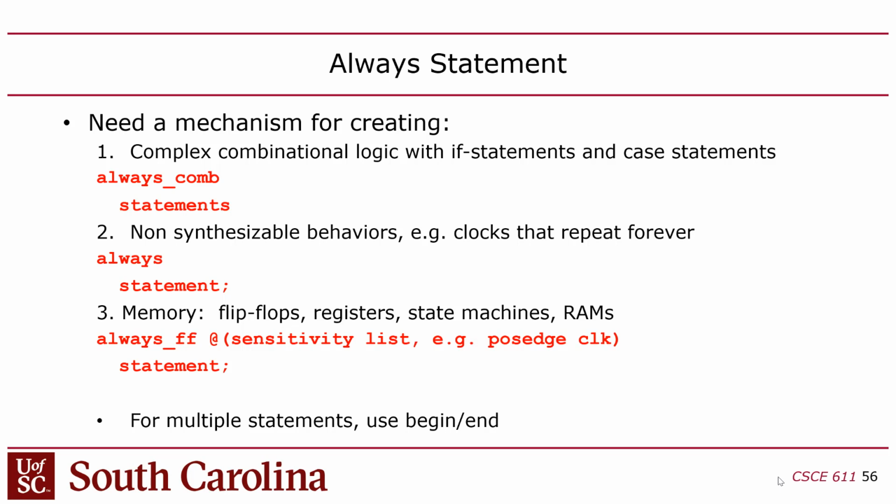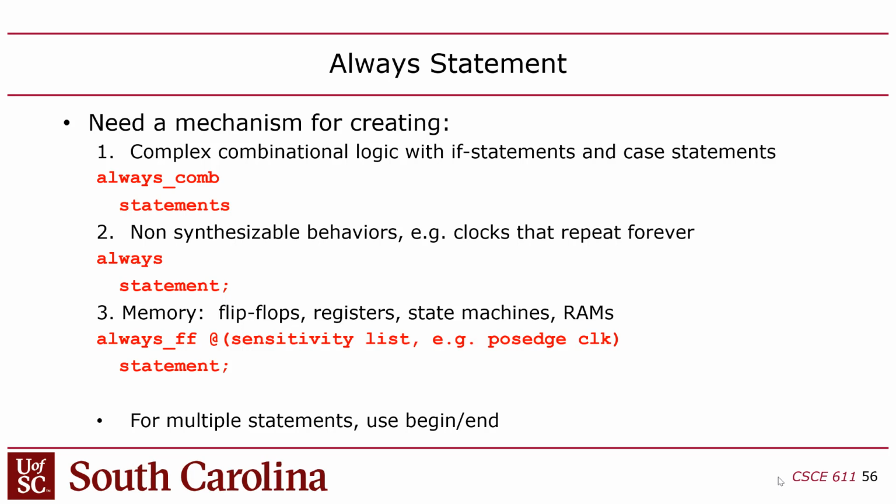Now another reason why you'd want to use an always is if you need memory or sequential logic, because you can't implement sequential logic or memory using an assign statement, right? So this is obviously, if you want to do a flip-flop, a register, a RAM, you don't have a choice but to use an always for that.